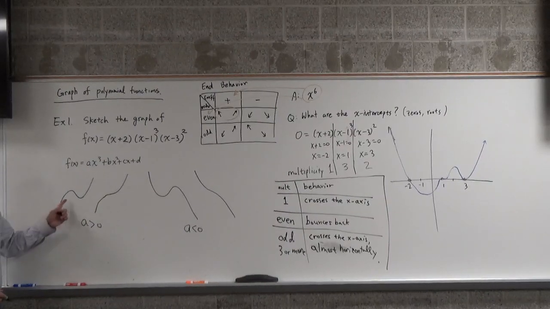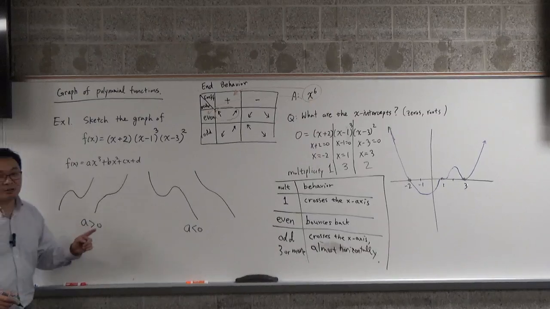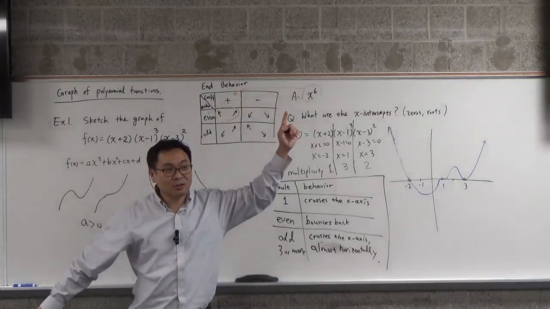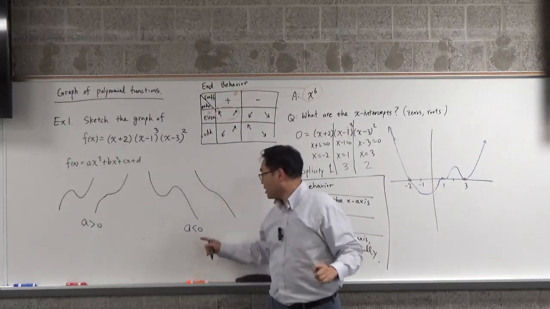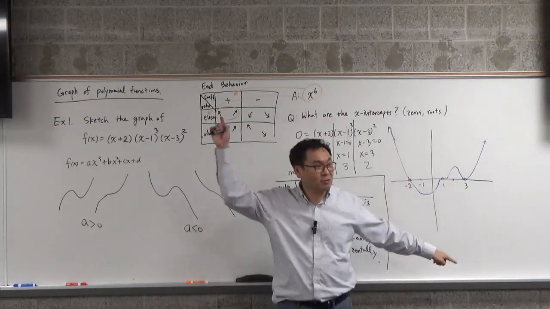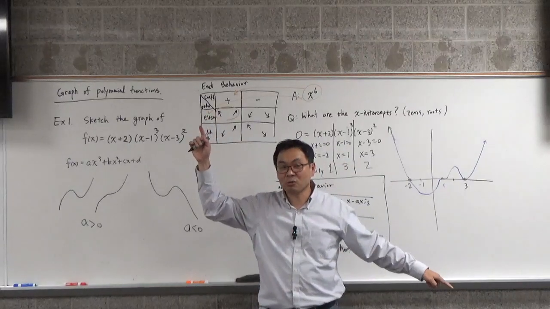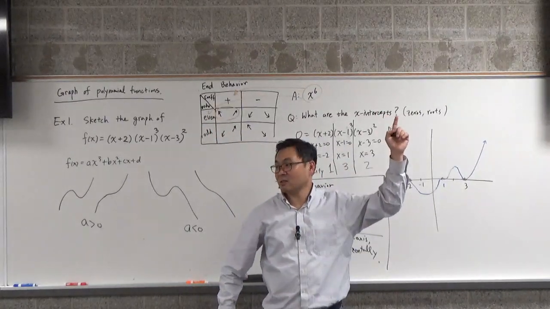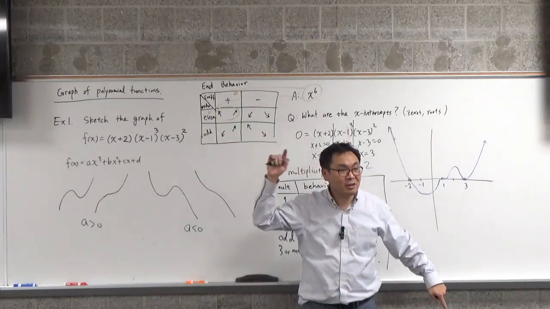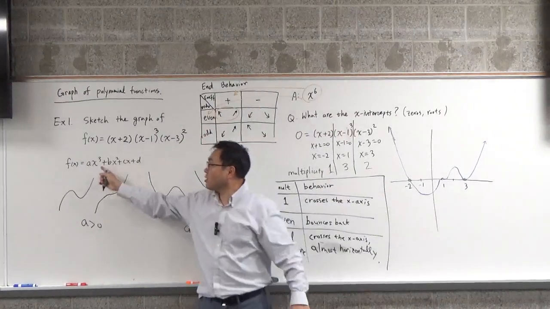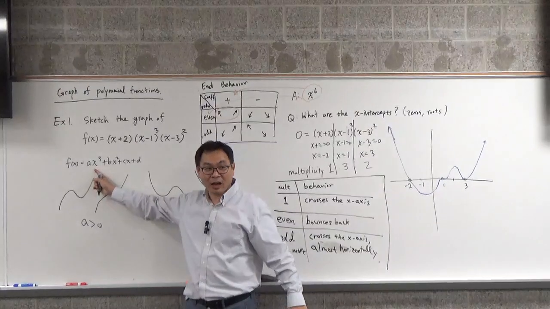Now, look at the end behavior of this one. What is it? This, right? Look at the end behavior of this. Okay, so positive is this one, negative is this one. You get that? And the order of this polynomial is odd, right?